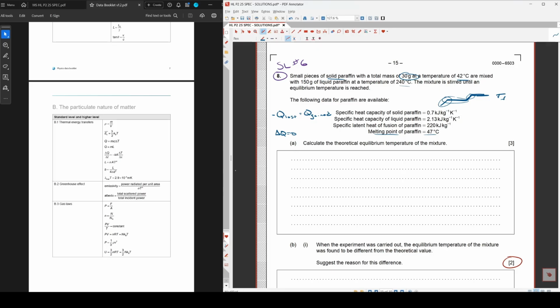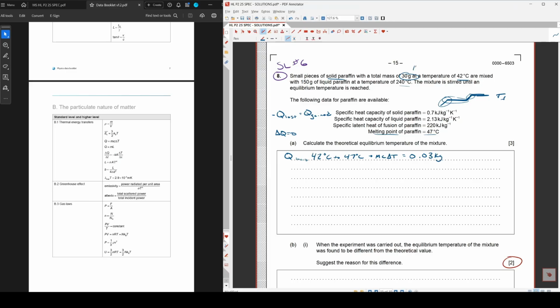But let's try to account for what's going on. I would try to keep track and ask, how much heat energy, Q, to heat the solid up to the melting point? So to go from 42 Celsius to 47 Celsius. Well, MC delta T tells me how much energy it takes to change the temperature of something. So that much energy would be 0.03 kilograms.